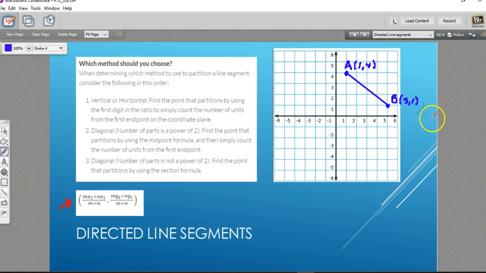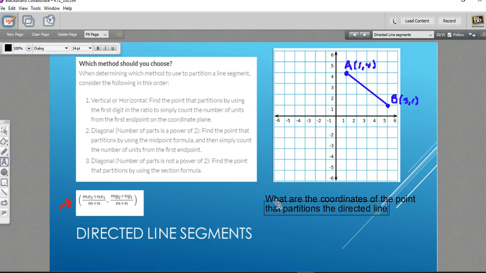So let's say that we want to know the coordinates of the point, and let me just type this up on the board. What are the coordinates of the point that partitions the directed line segment AB in, let's say, a 2 to 3 ratio?